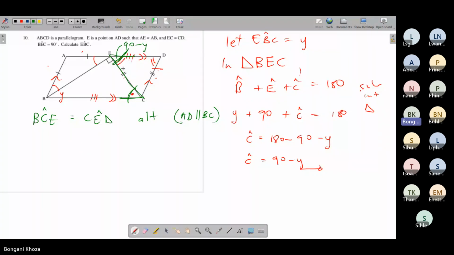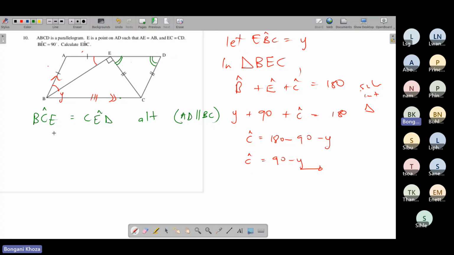And then you remember that earlier on we marked this. We said this angle was equal to that angle. Do you remember that? We said these two angles were equal because of this over there.